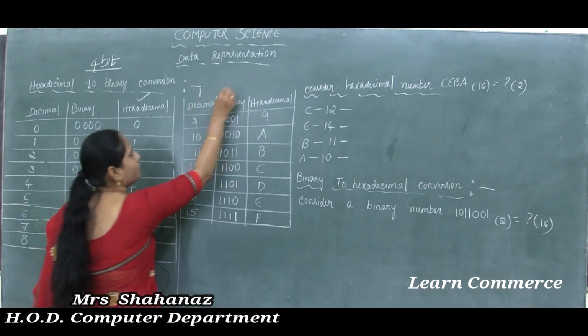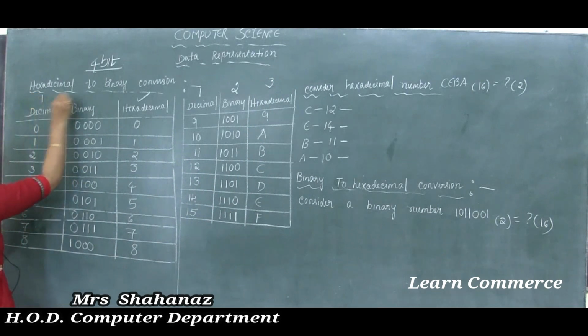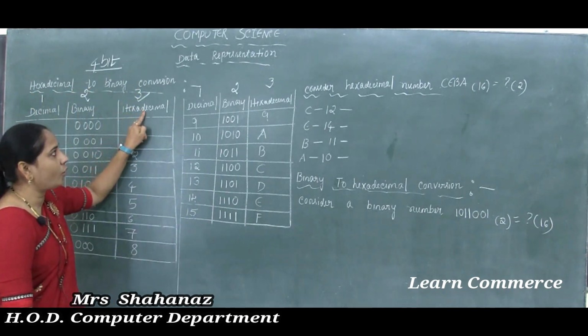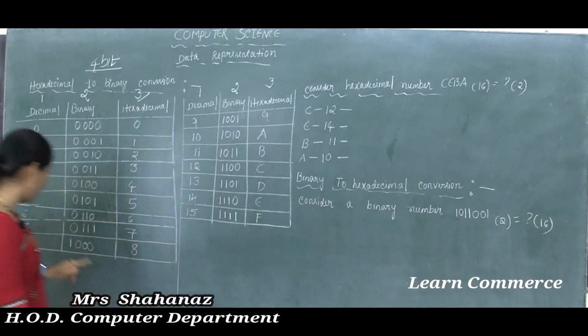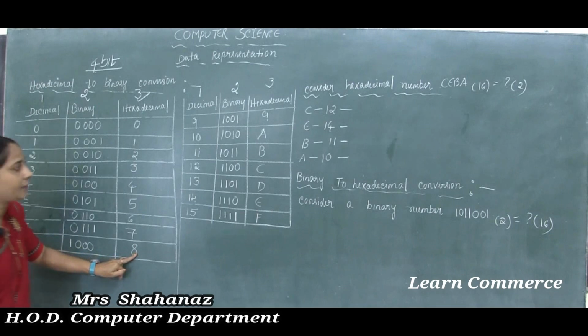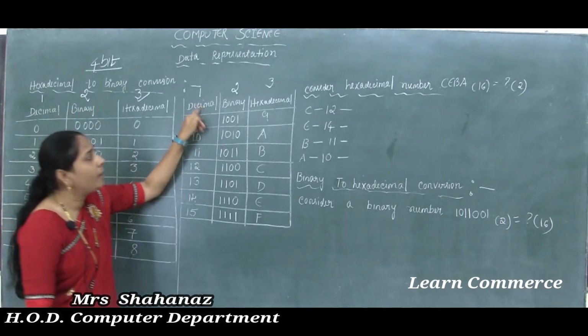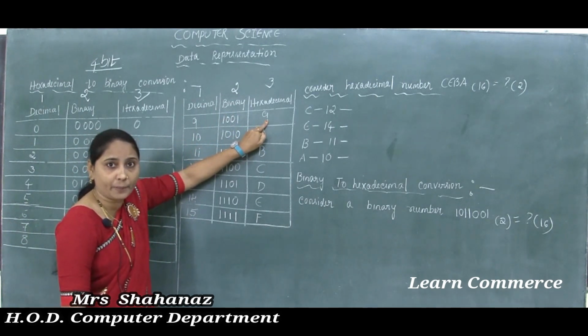This column is the first one, this one is the second column, and this is the third. So the third column name is the hexadecimal column. It is the continuation. Clear this part here. After the 8, like we continued the decimal column, it is the continuation of the hexadecimal number column here.